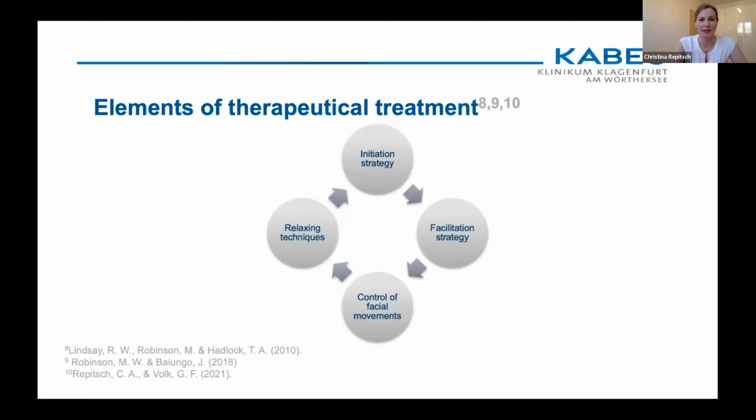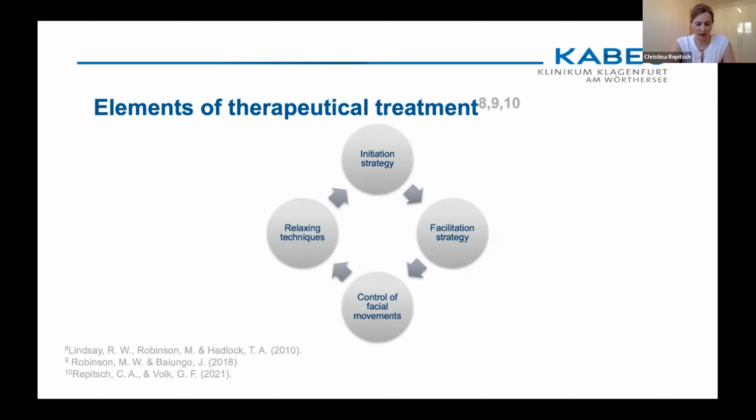And another phase that is happening parallel to all the others is the implementation of relaxing techniques. These are mainly used to decrease the tonus of tight muscles, and especially if a patient suffers from synkinesias or hemifacial spasms.